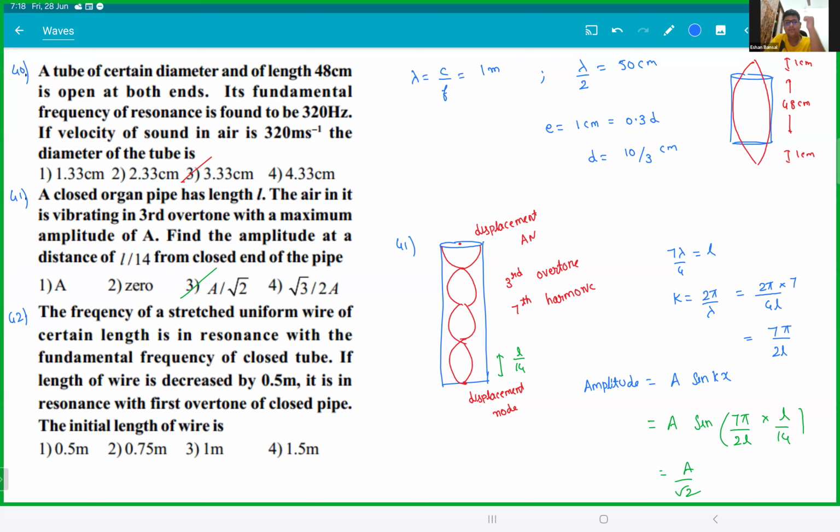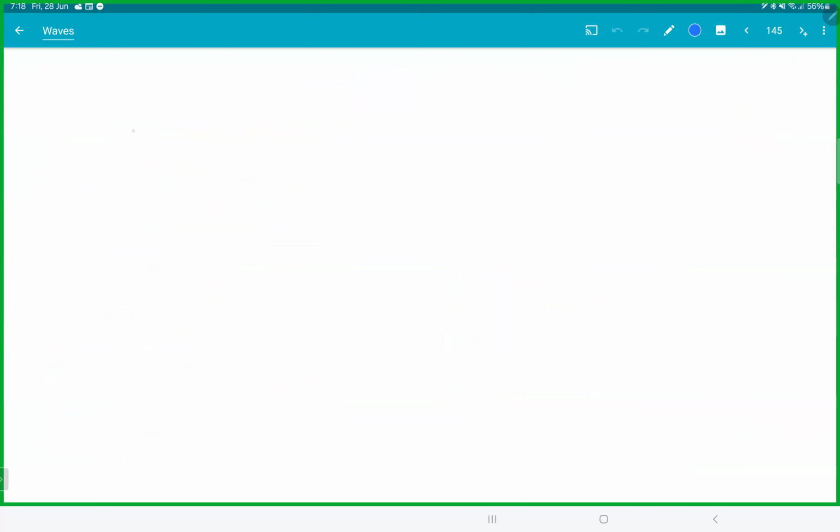I tried 42. First overtone of closed pipe. What did you take? Third harmonic. Yes, sir. I took v by 2L as the frequency of a stretched wire of uniform certain length in resonance with the fundamental frequency of a closed tube. Okay. So I took it wrong.